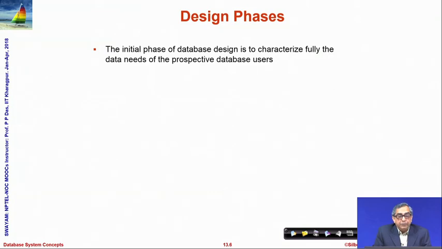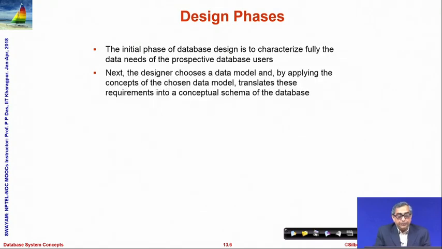If I am doing a university database, naturally we will need to identify the data needs: the students, the instructors, the courses, sections, time slots, grades, examinations, etc. But if I am dealing with a world like railway reservation, then I will need to deal with stations, trains, dates, berths, the different classes of coach that the train has, and so on. So, the initial phase is to characterize the data requirement.